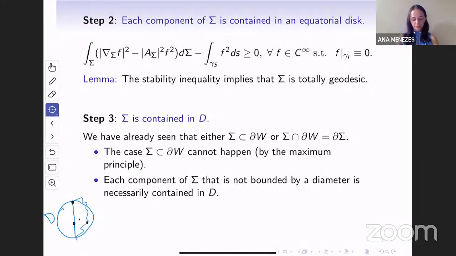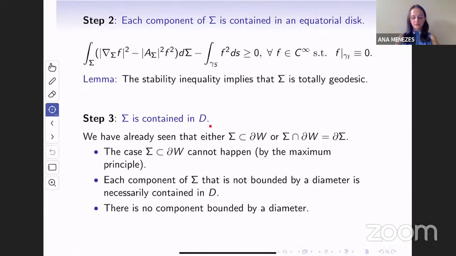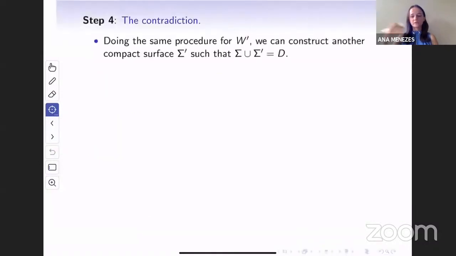So the maximum principle will say that this case cannot happen, exactly as in the first case, okay? So we do have that the surface that we constructed, sigma, is entirely contained in the disk D. So how would we finish the proof? We worked on W and we got sigma contained in D. So now we work with W prime, do the same arguments, and we get another surface sigma prime.